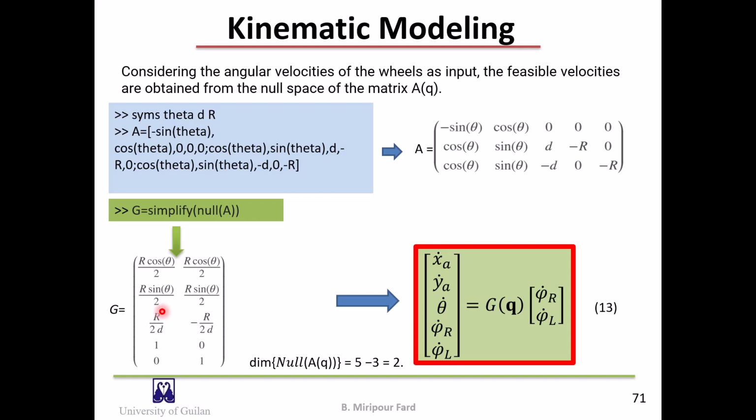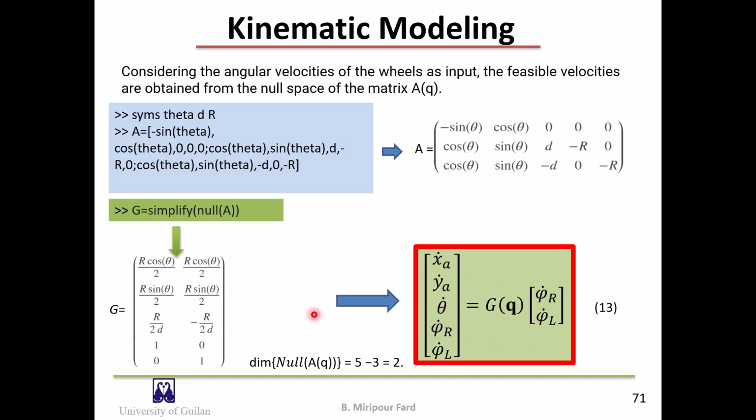Then using the null function, you can obtain the G matrix. Here, after simplification, the G matrix is obtained. Finally, with G, the relationship between actions and the rate of pose change will be in hand.